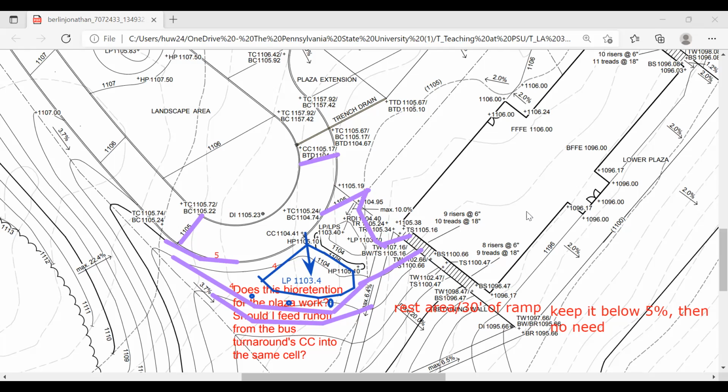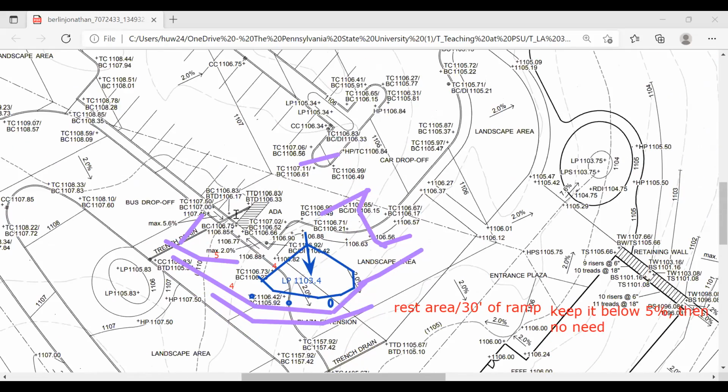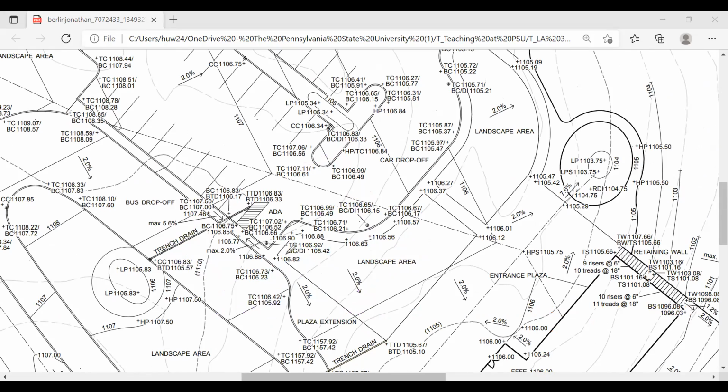We'll go back to the ramp then. Okay, so the ramp here, we do have a DI. We need to find a place for it to go. Yes, this one goes here. The ramp here would just be, that's a pad that's shared by both areas.